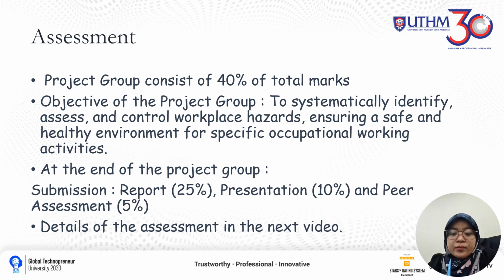So at the end of the group project, students must submit a report which consists of 25% of the 40%, and also conduct a presentation, which consists of 10%, and then there will be a peer assessment from your group members, which consists of 5%. Details of the assessment in the next video.